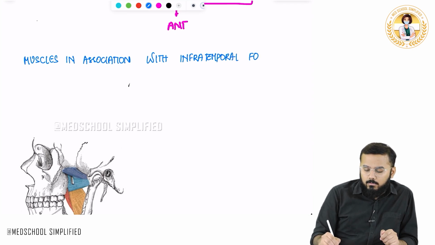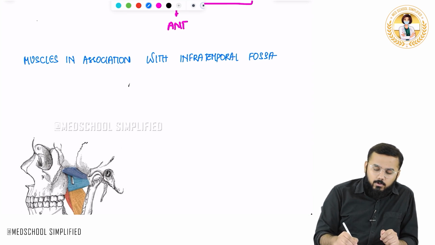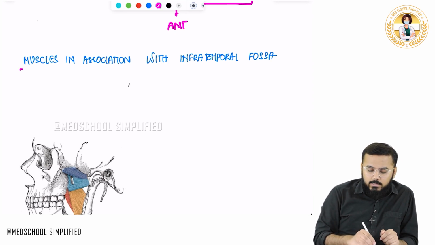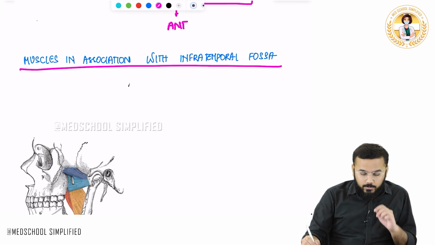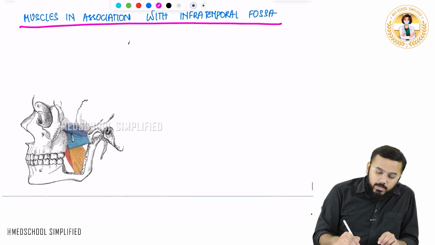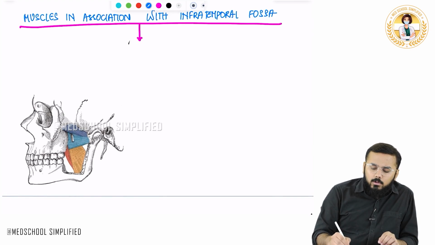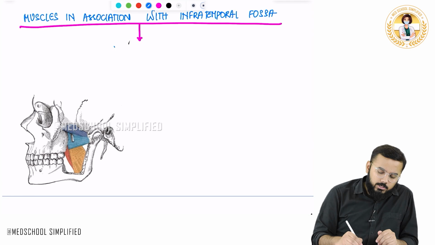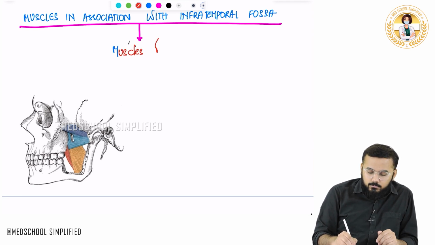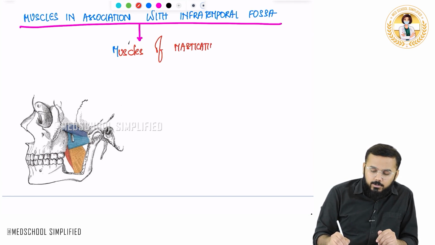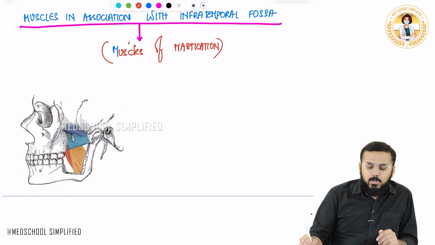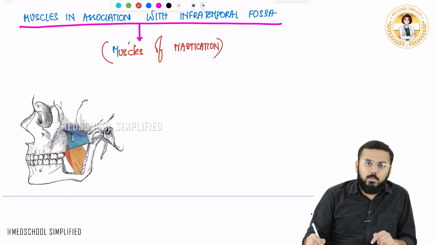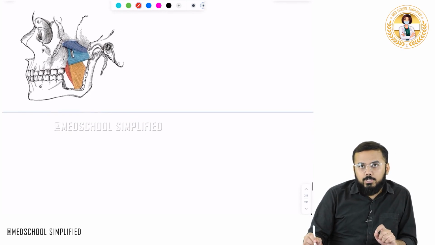First of all, I have to tell you that whatever muscles I am telling you, all of these are the muscles of mastication. So the muscles of mastication are in association with the infratemporal fossa. Now what are the muscles of mastication over here?